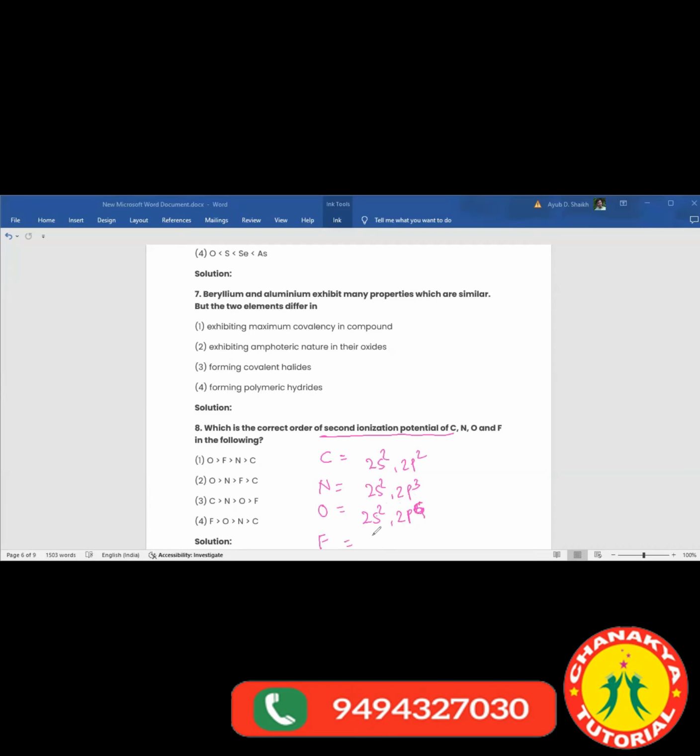Fluorine is 2s2, 2p5. Atomic number 9 it would be, no? Fine.